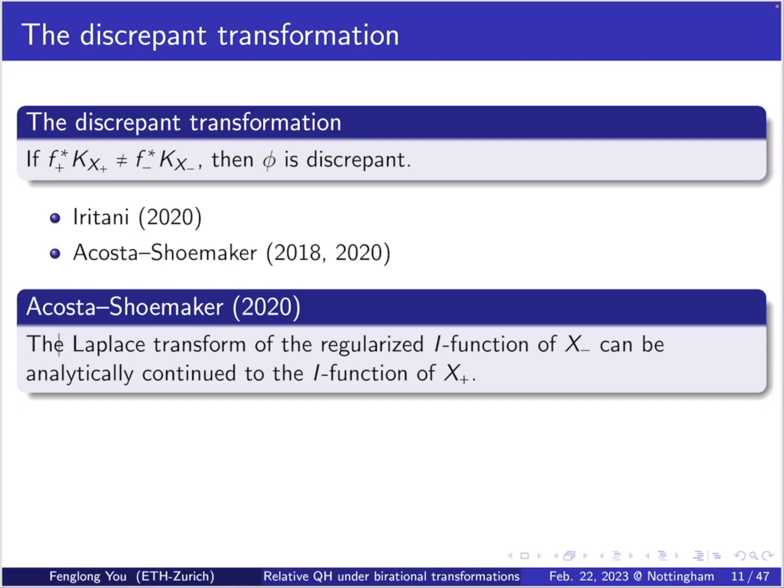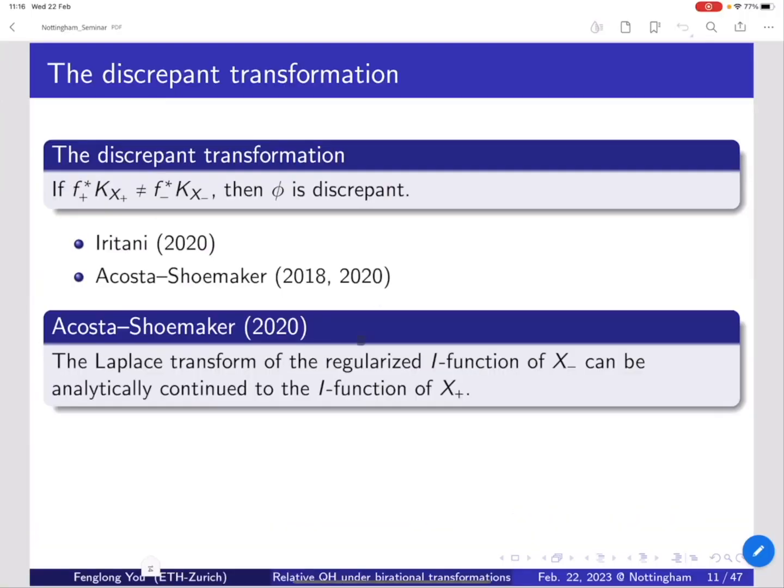You look again at the I-function, some explicit function. The relation is that the Laplace transform of the regularized I-function of X minus can be analytically continued to the I-function of X plus. So what they need to do is first regularize one of the I-functions, then do some Laplace transform, and then do analytic continuation. Then you can relate them.